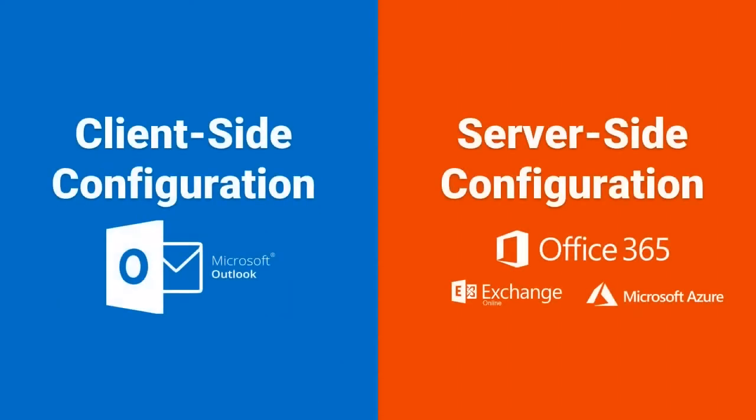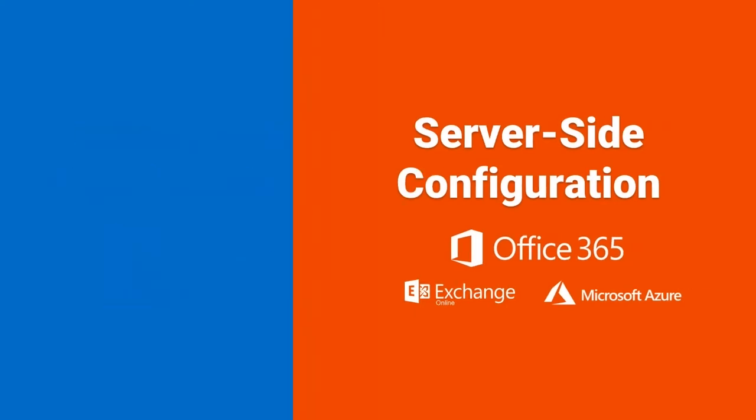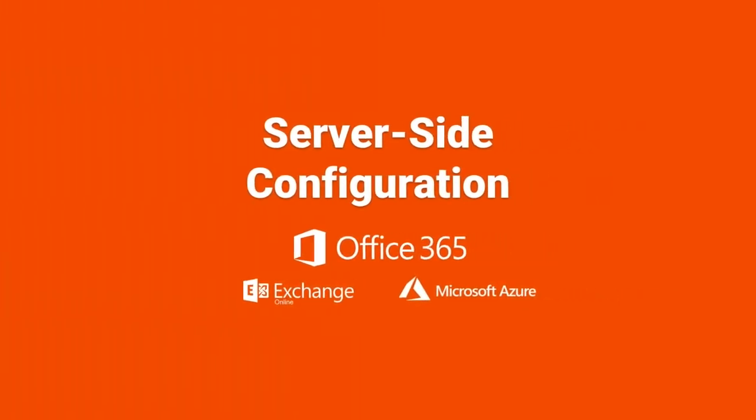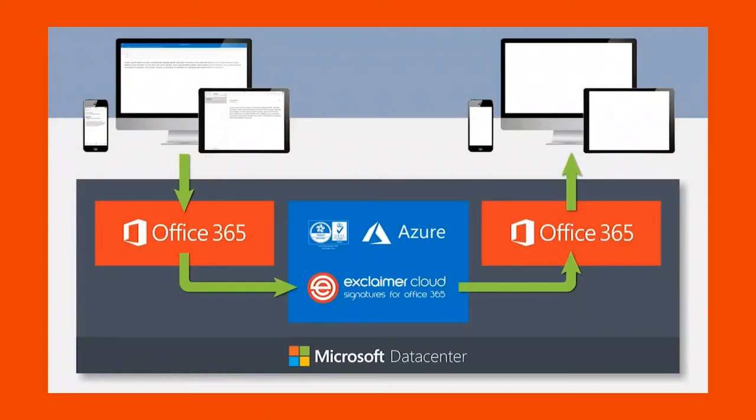Now, on the flip side, of course, then we have the server-side process, server-level integration. This is far stronger and achieves a conformity in a wider scope, but does have the drawback of meaning users cannot see the signature as they compose. So server-side, this is an integration with the mail route.